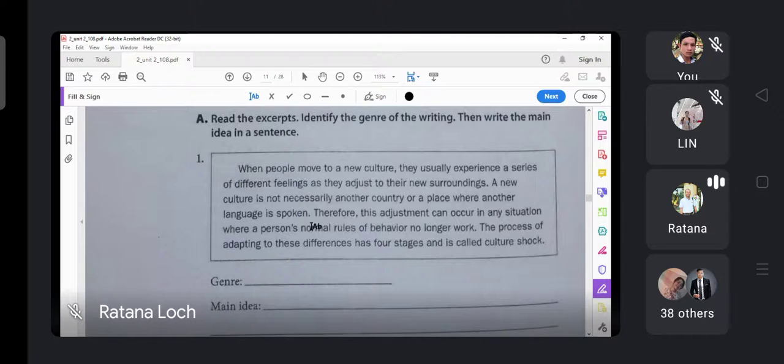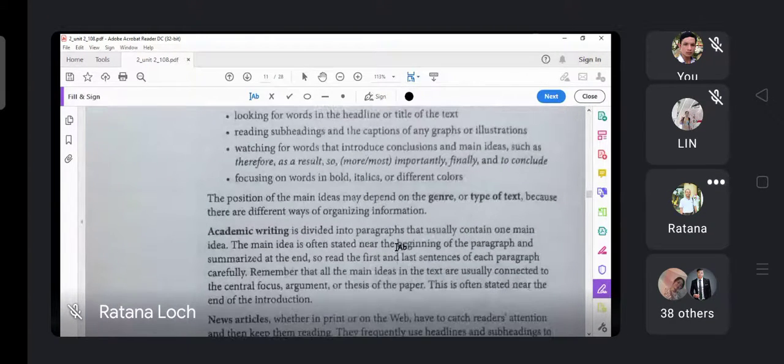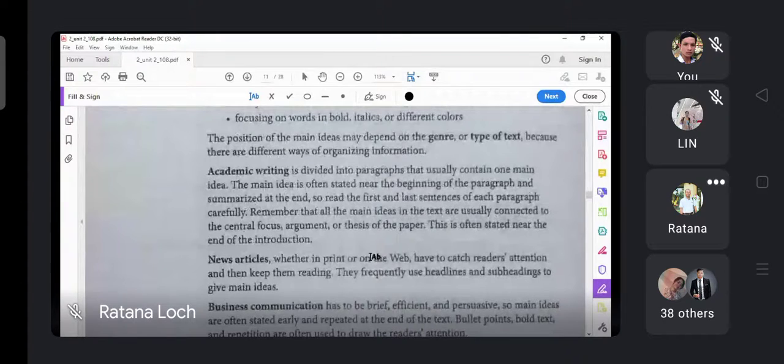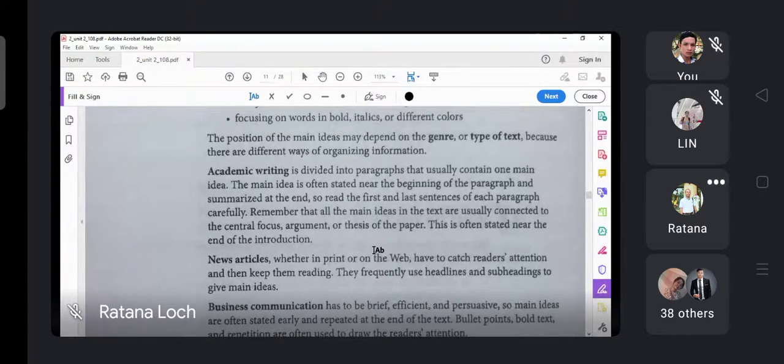Academic writing, yeah. So you can see they explain here genre or type of text. Academic writing, right? It's some kind about culture, you know.